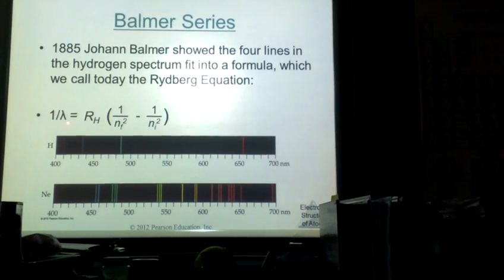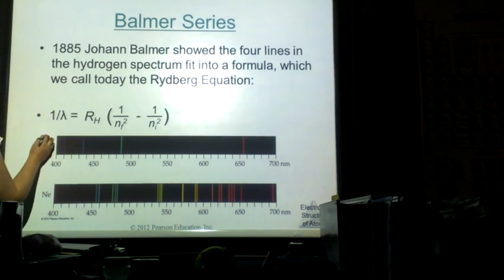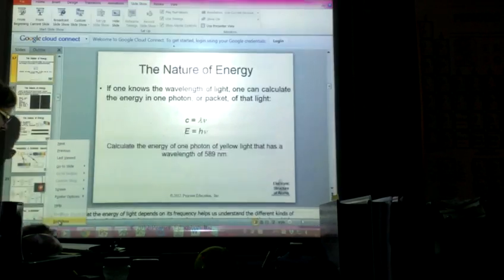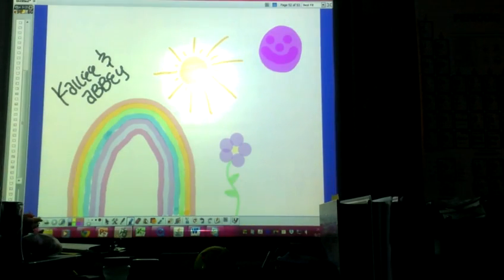Let's talk about this. So I have 1 over wavelength, 1 over lambda, is equal to R_H, which is just the Rydberg constant. And Rydberg's constant is 1.09. Let me write it down for us, just so we have it in our notes.